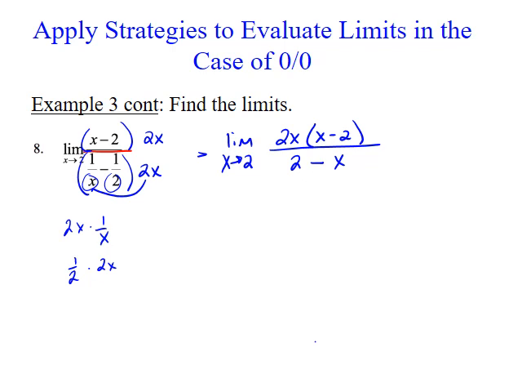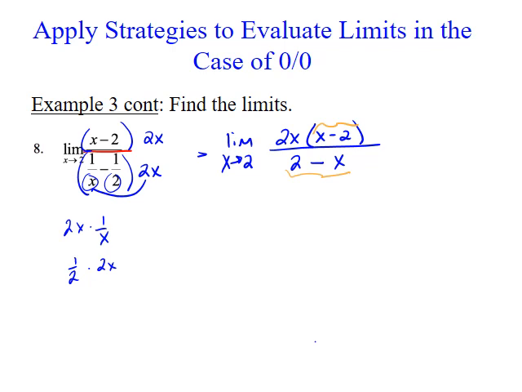All right. Well, looking at this, I want to try to cancel things out because here I still cannot use direct substitution. Well, I notice that I have an x minus 2 and a 2 minus x. So these are really close. In fact, they only differ by a negative.